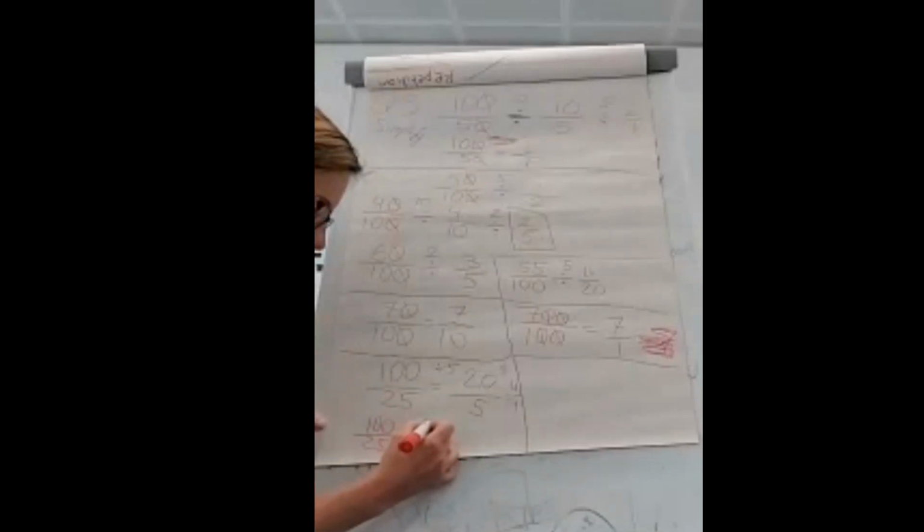Or we could divide by 25. Yes, you can go directly. 100 divided by 25 is then 4 over 1 directly.